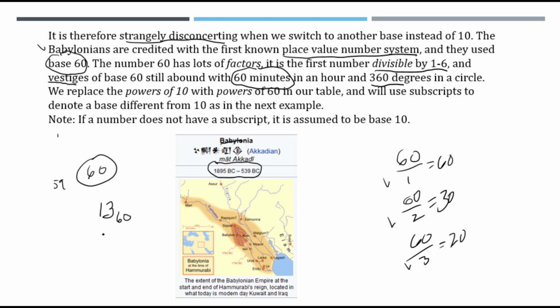And when we get to base 5, we'll use a subscript of 5, notifying us that this is a base 5 number. Now, if we just write a number like 115 with no subscript, that's our base 10 number. Otherwise, they will have subscripts.